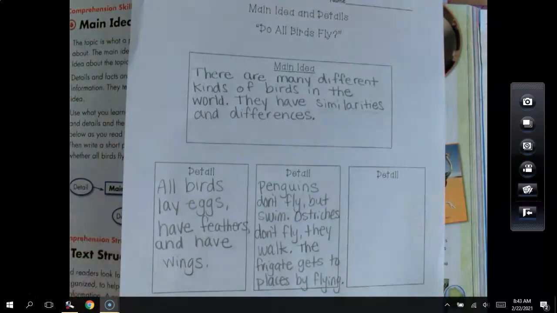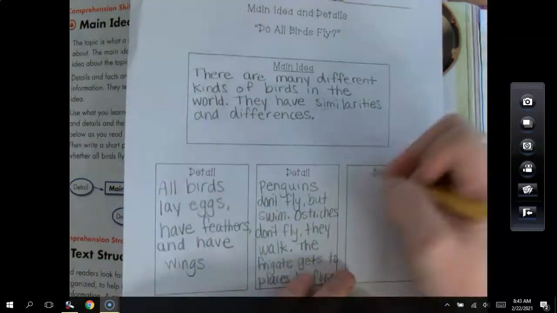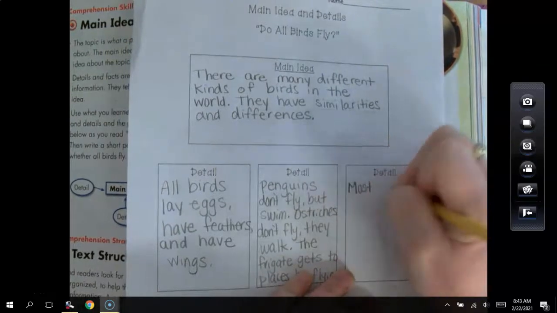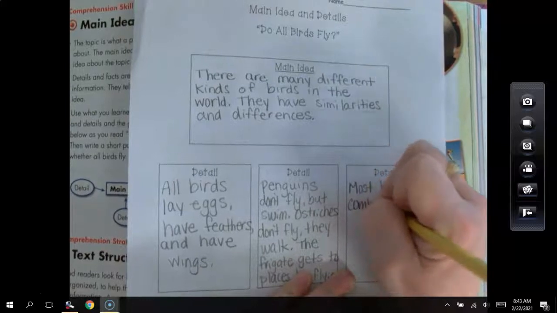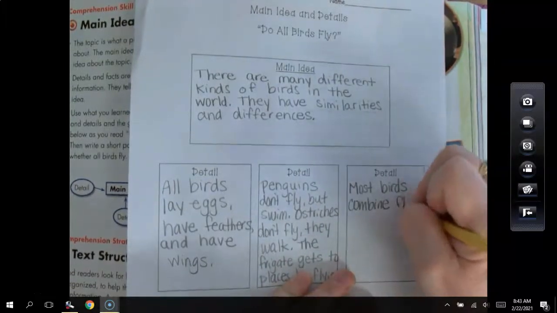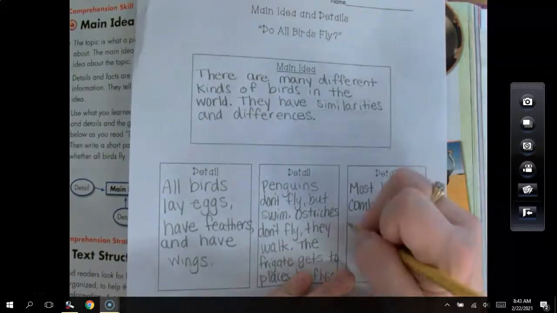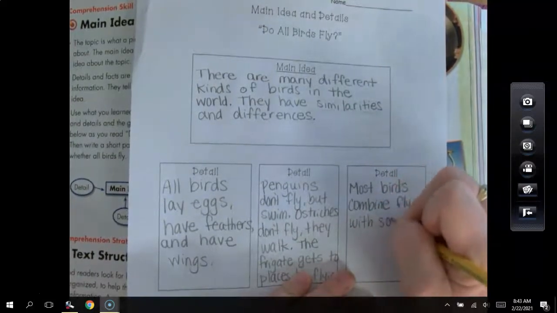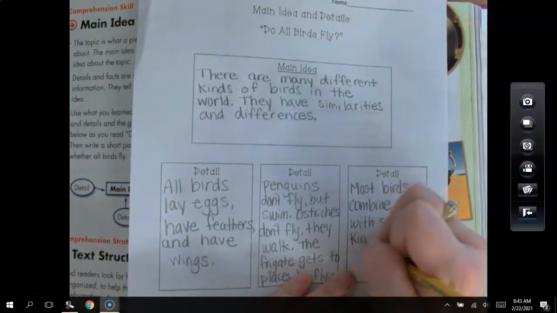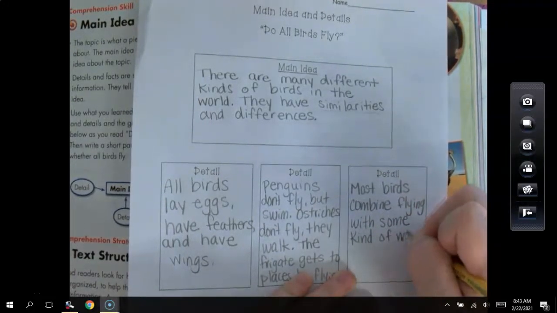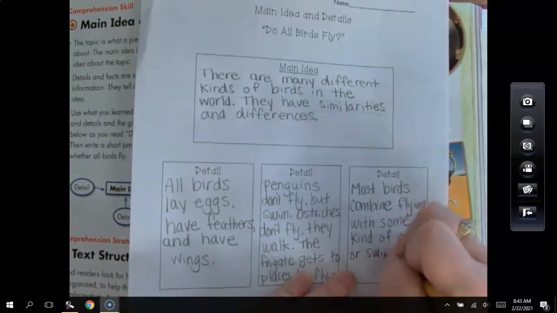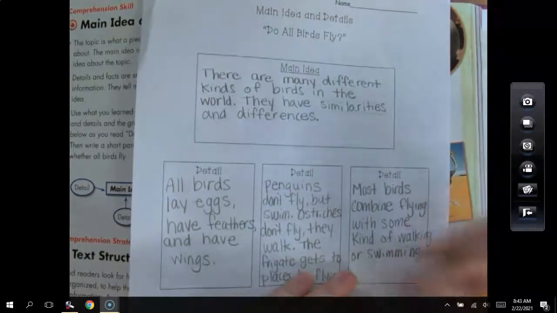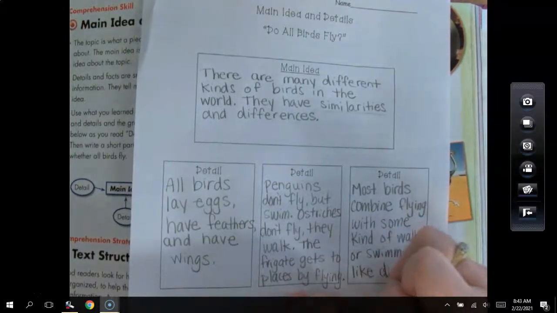Most birds combine flying with some kind of walking or swimming like ducks.